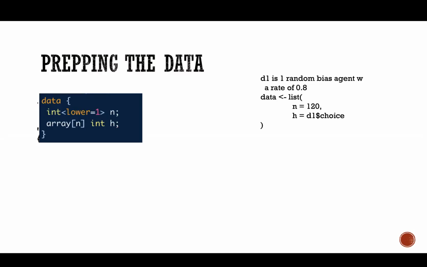If D1 is the data we saved from a simulation in which the random bias agent chooses at a rate of 0.8, we can say that the data we're going to feed to Stan is a list in which n is equal to 120 and h is equal to the full column D1 choice.